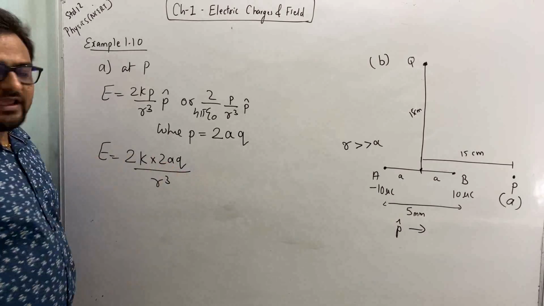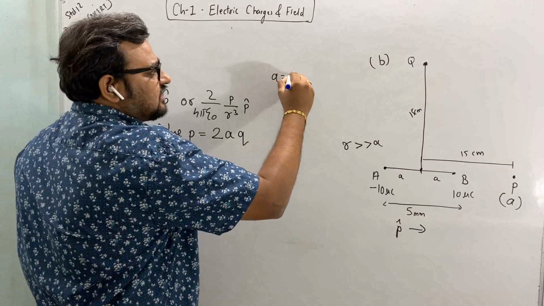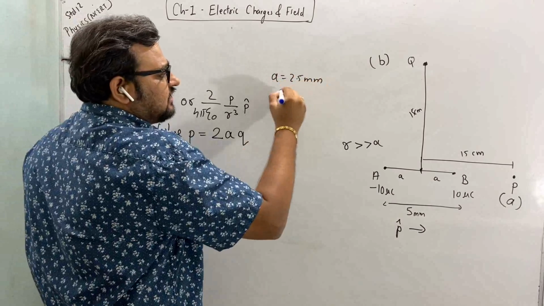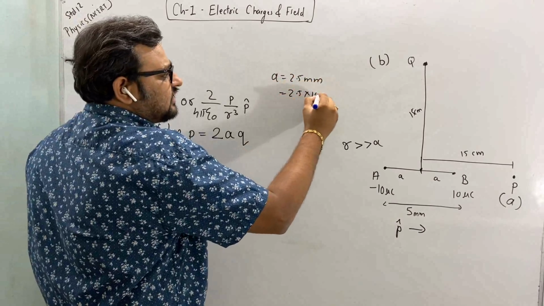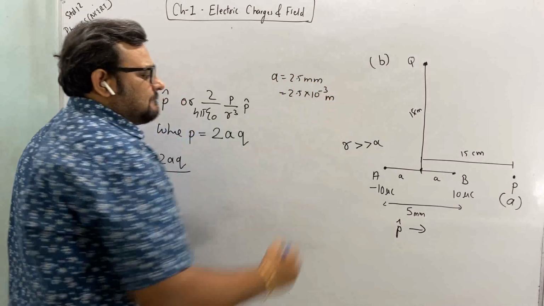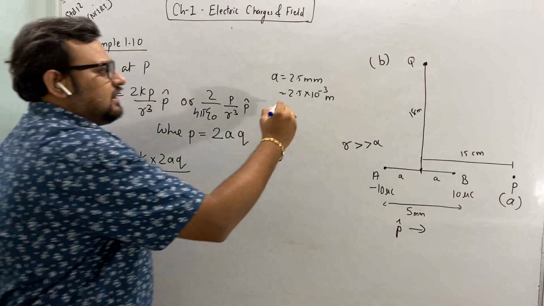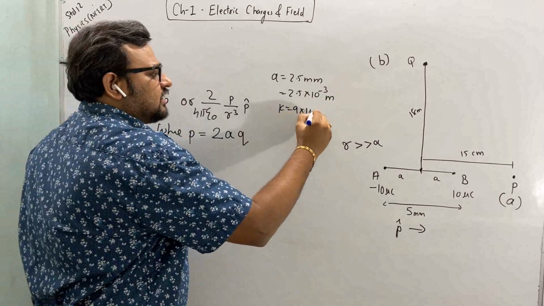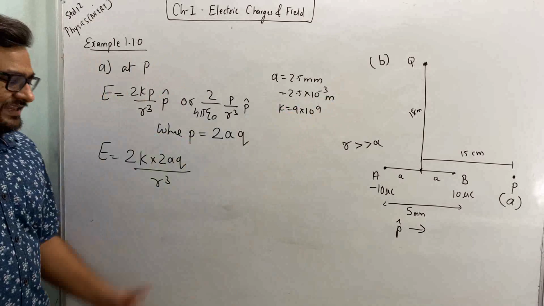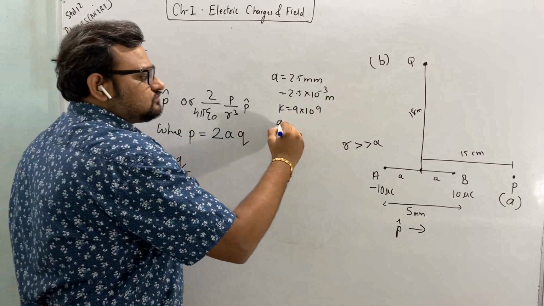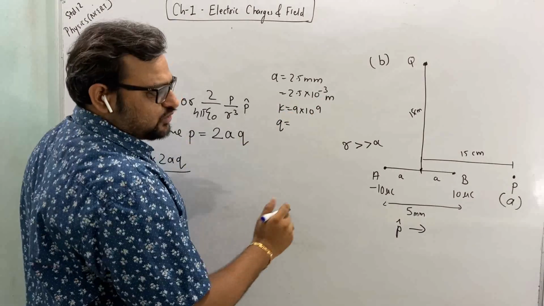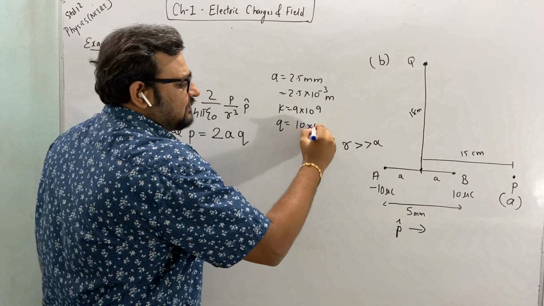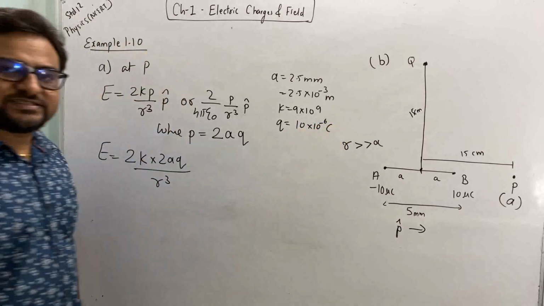What is the value of A? Value of A is equal to 2.5 millimeter, meaning 2.5 into 10 raised to minus 3 meter. The value of K is 9 into 10 raised to 9. The value of charge Q here is 10 microcoulomb, meaning 10 into 10 raised to minus 6.